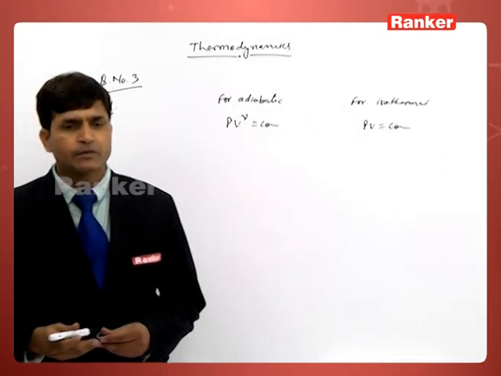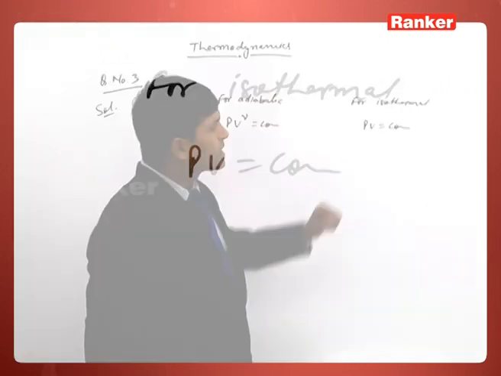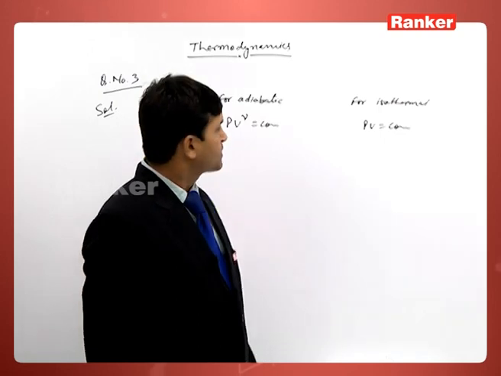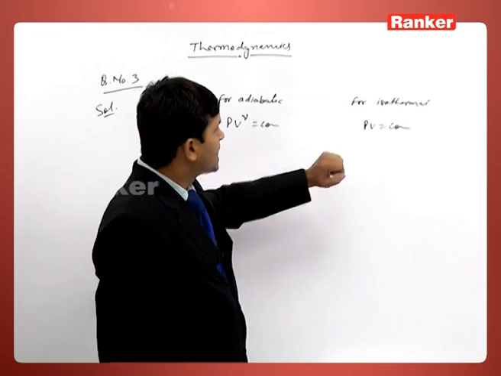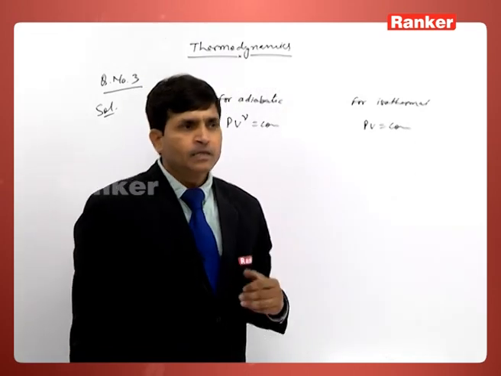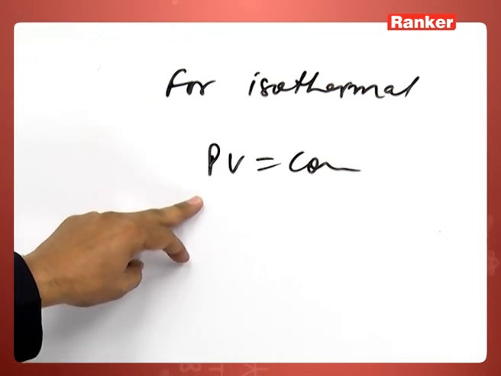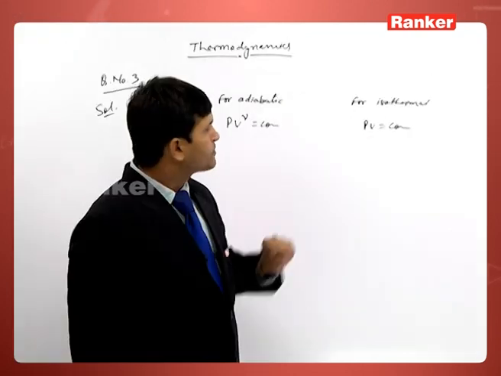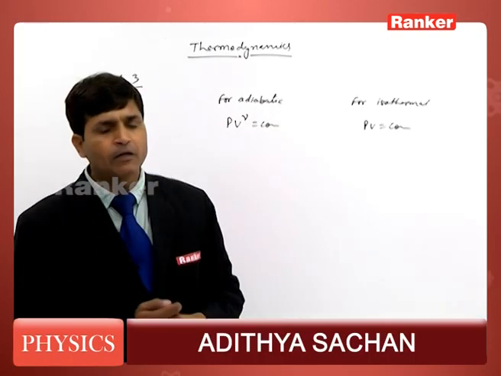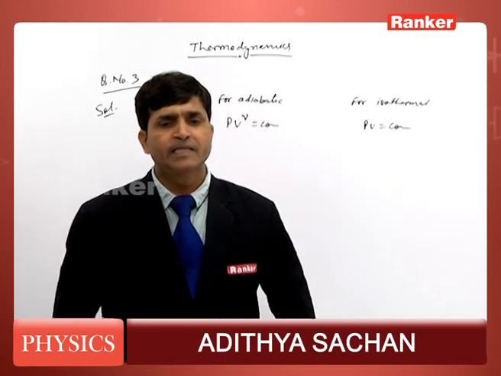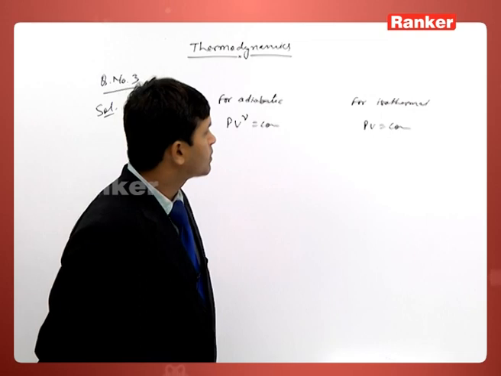In case of isothermal, it doesn't matter which type of gas is there. For all types of gases, if any process has been done isothermally, and the initial state is the same for any type of gas, whether di, mono or triatomic, then the final will also be the same for all gases. So as per option number 4, if the compression is isothermal, then their final pressure will be different. This option is wrong.